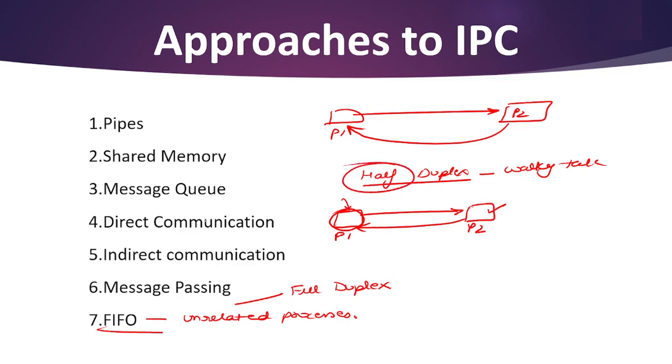That is half duplex. It is two-way communication. Half duplex is also two-way communication, but both the persons or both the processes are not allowed to share the data or to communicate simultaneously. But in case of full duplex, both are allowed to share the data or to communicate together, as we do in mobile phones.